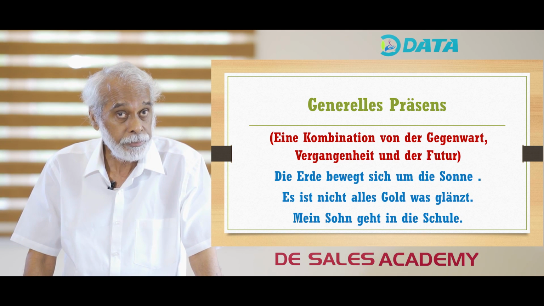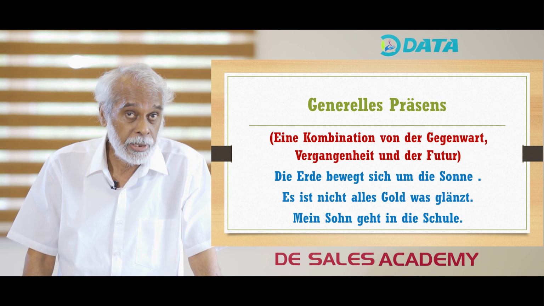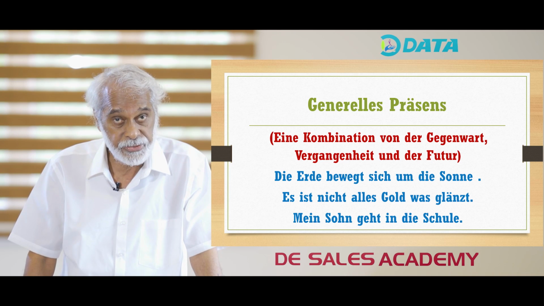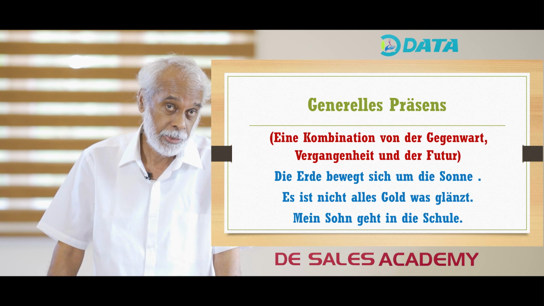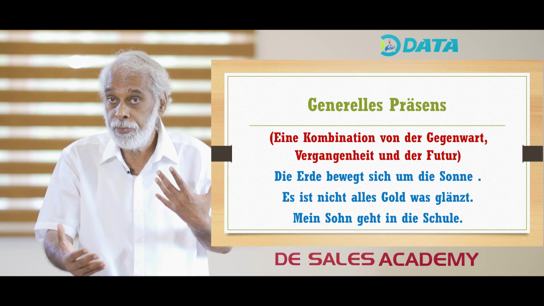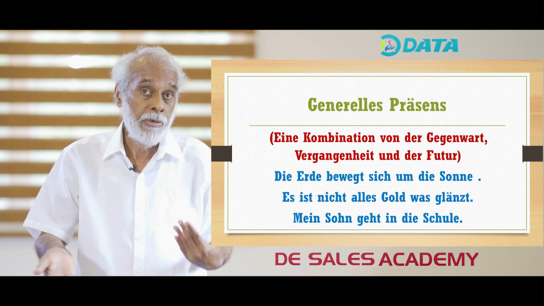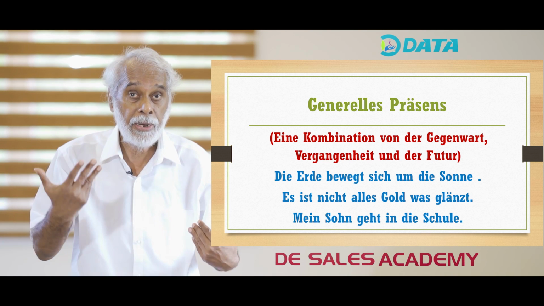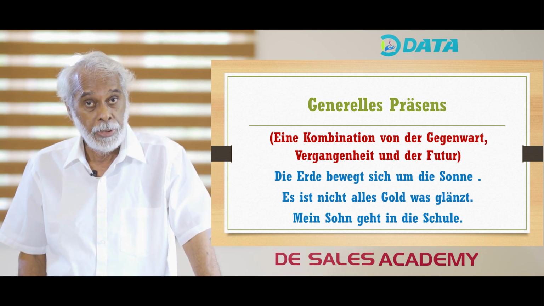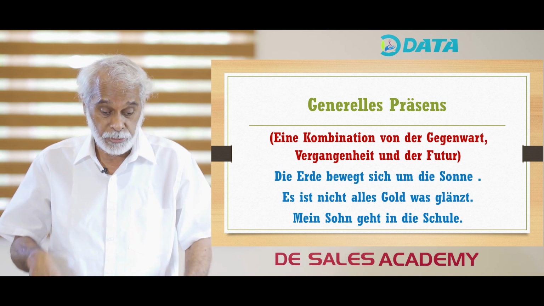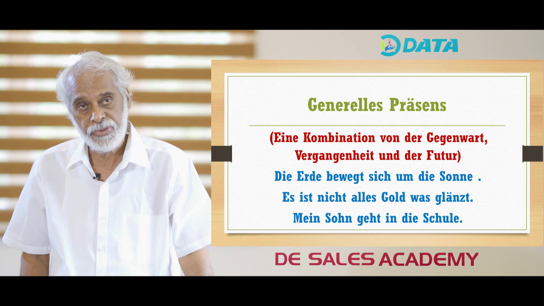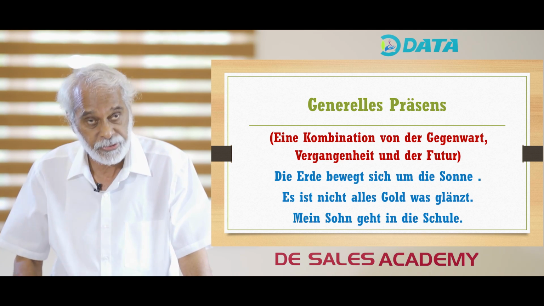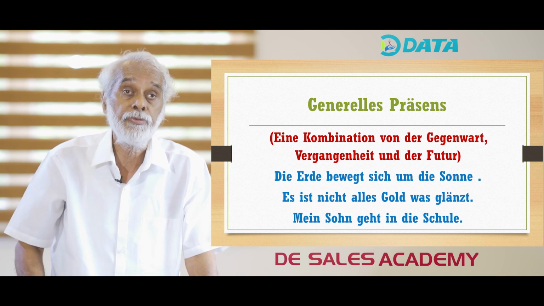Then there is something called generelles Präsens. It's a very interesting thing. That's a combination of Gegenwart, Vergangenheit and the future. This expression has got 3 feet. 1 foot in the past, 1 foot in the present and 1 foot in the future.